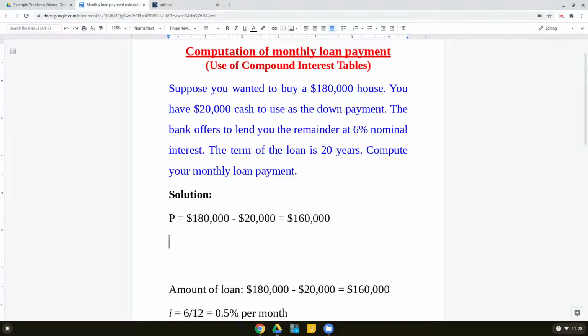Okay. Next thing that is given to you is N, which is basically how many pay periods there are in the problem, or how many payments you are going to make. You are going to pay back this loan in 20 years, and every year you are going to make 12 payments, because we want to calculate monthly. This is important, right?